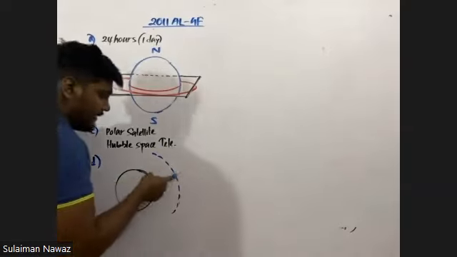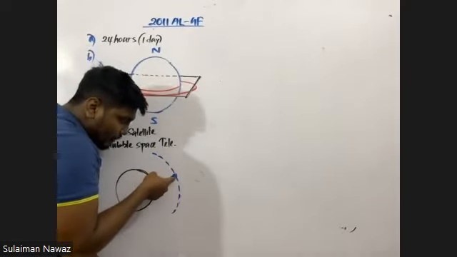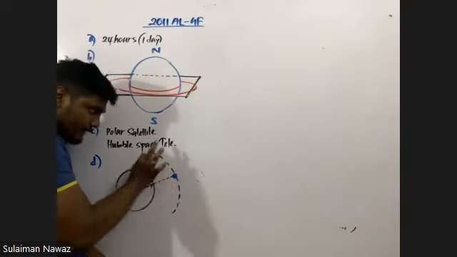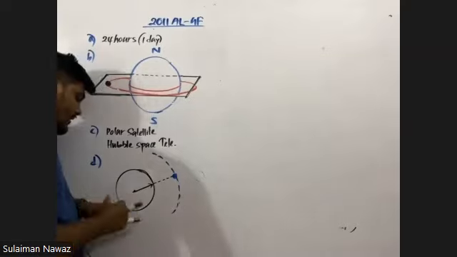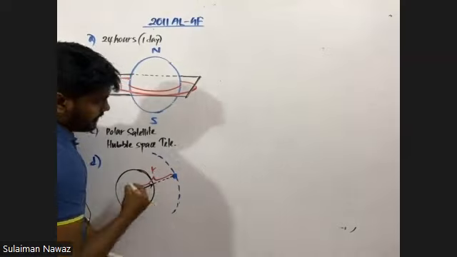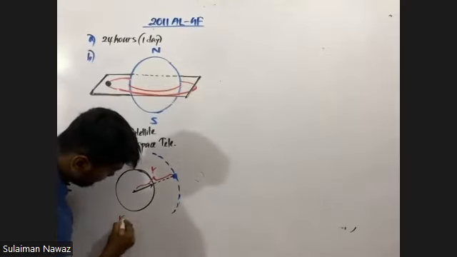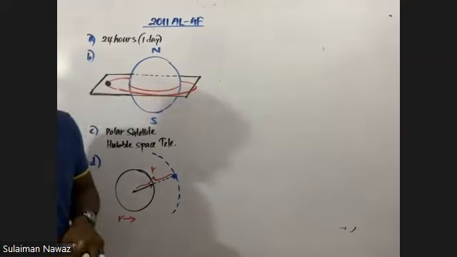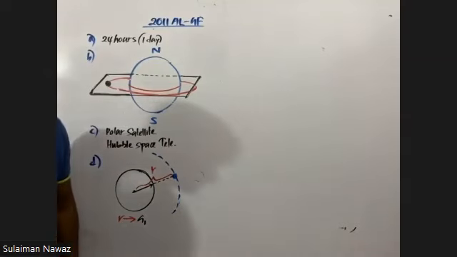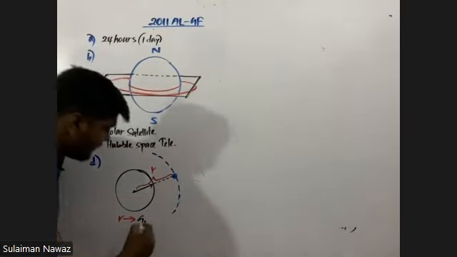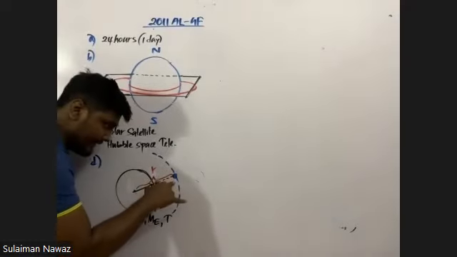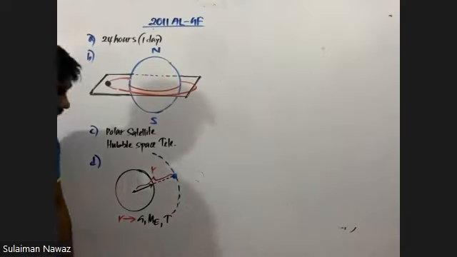If I say that the distance from the geostationary satellite to the center of the Earth is the radius of the orbit, and I consider the radius of the orbit as simple r, we need to find simple r in terms of capital G, the mass of the Earth capital M E, and the time period of the geostationary satellite capital T. This is my geostationary satellite.